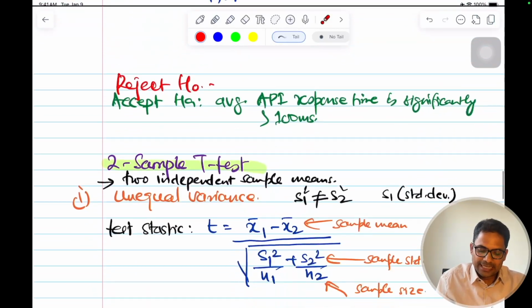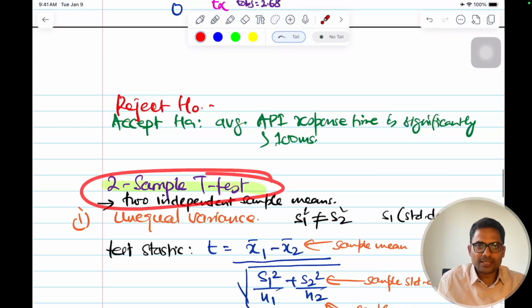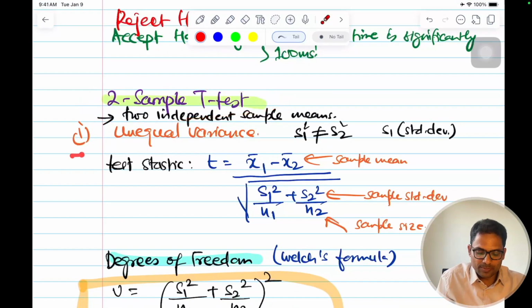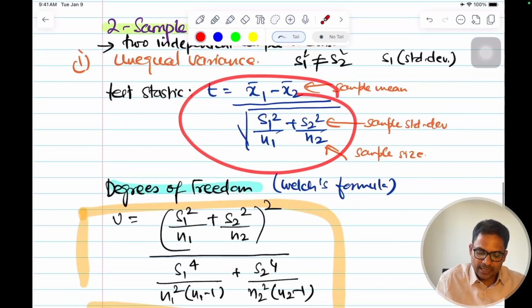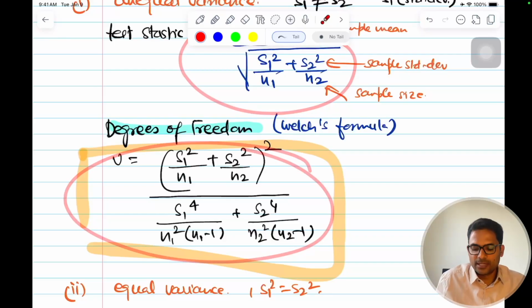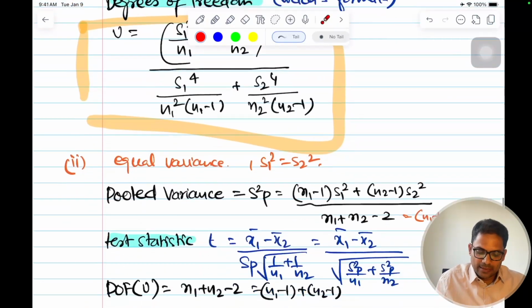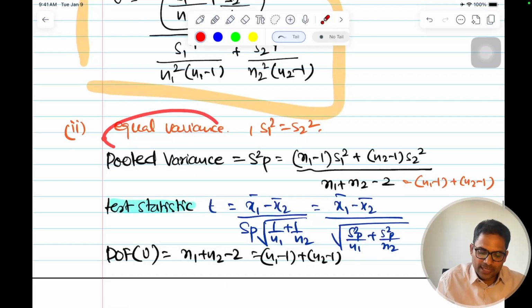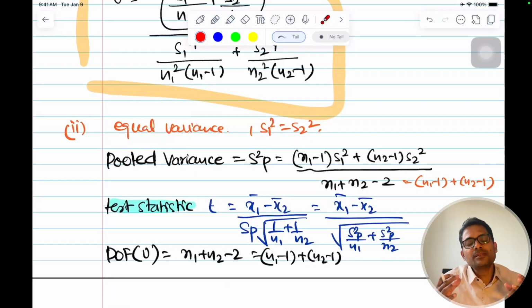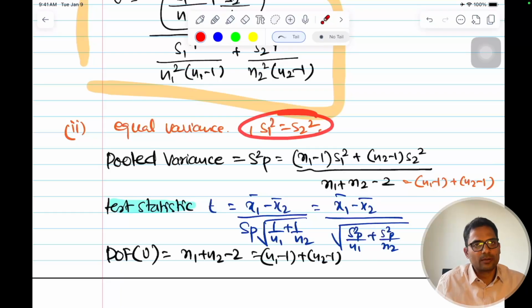Within two sample t-test, there are two subtypes. One is when the two samples have unequal variance, then the formula is different, and the degrees of freedom is calculated in a different way, using the Welch formula. And then we saw the equal variance case, where the variances of both independent groups are equal.